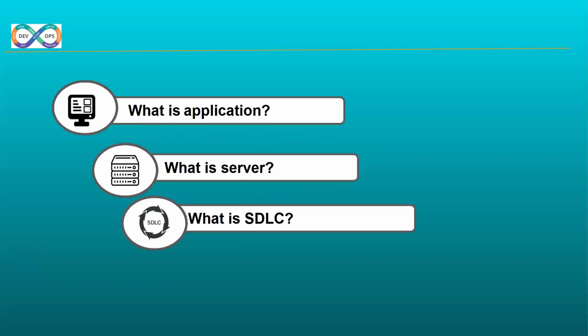Before starting, I have three questions. What is the first question? What is an application? What is a server? What is an SDLC? What is an application? The working software which is written in any programming language we call an application.